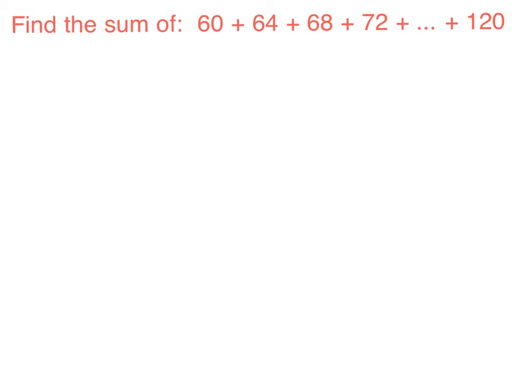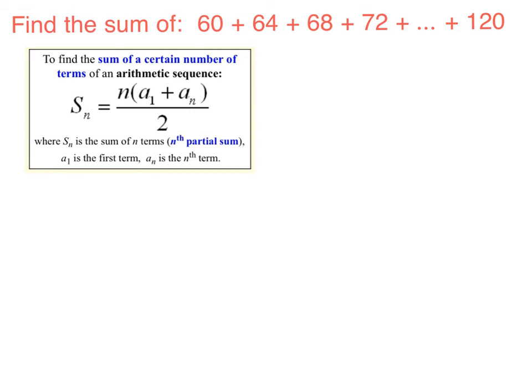One last thing that we're going to do here is talk about the sum of an arithmetic sequence. So let's take a look at this example. I've got 60, 64, 68, 72, all the way up to 120. It's arithmetic because it's increasing by 4 each time. There is a formula to find the sum of an arithmetic sequence or series, and that is this equation right here.